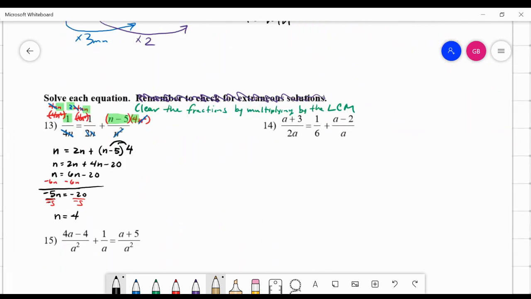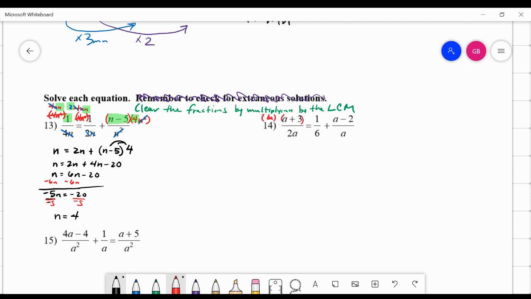Okay, next we're going to solve these equations. Clear each fraction by multiplying by the LCM. Okay. So we have 2a, we have 6, we have a. So the LCM is going to be 6a for number 14. So we're going to multiply by 6a.